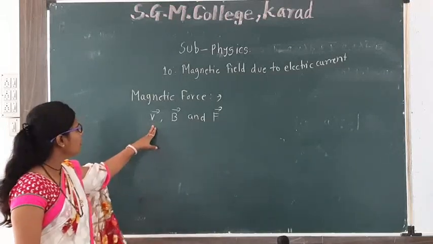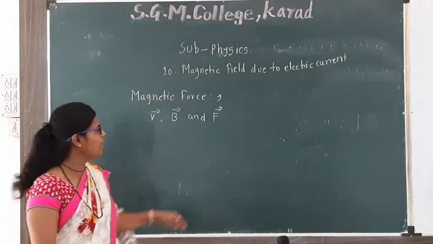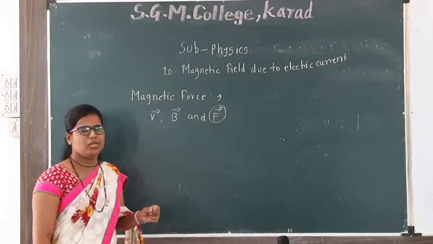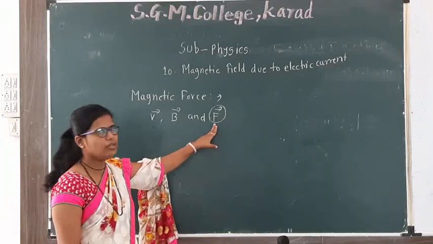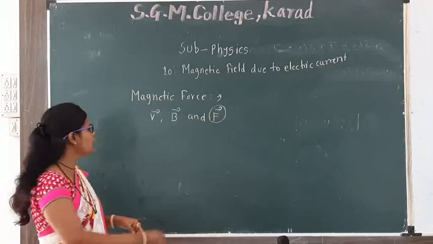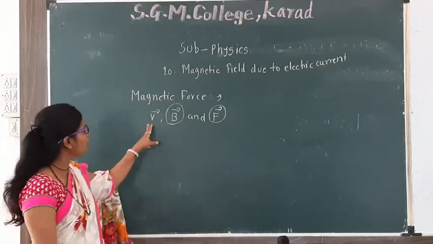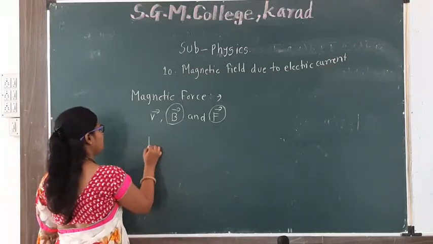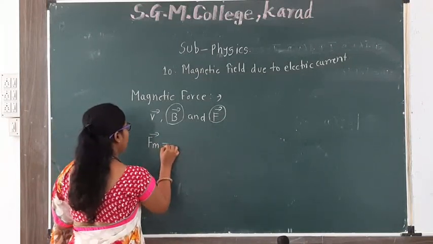The magnetic force is due to the charge flowing through the conductor with velocity v in the magnetic field B.